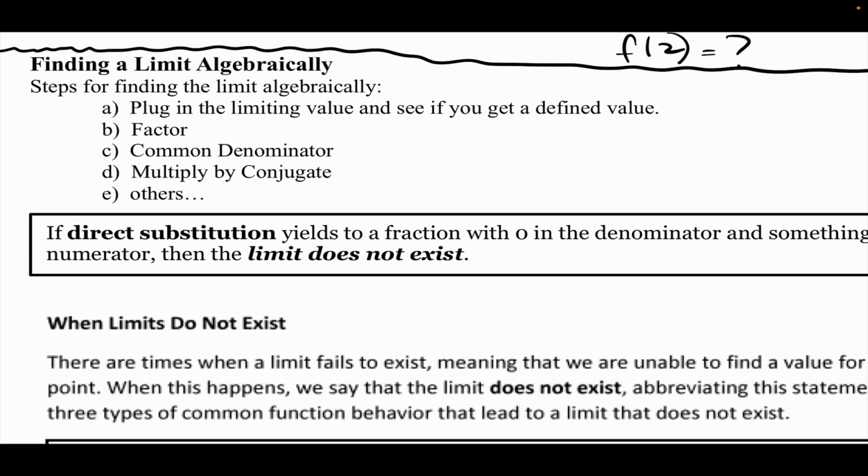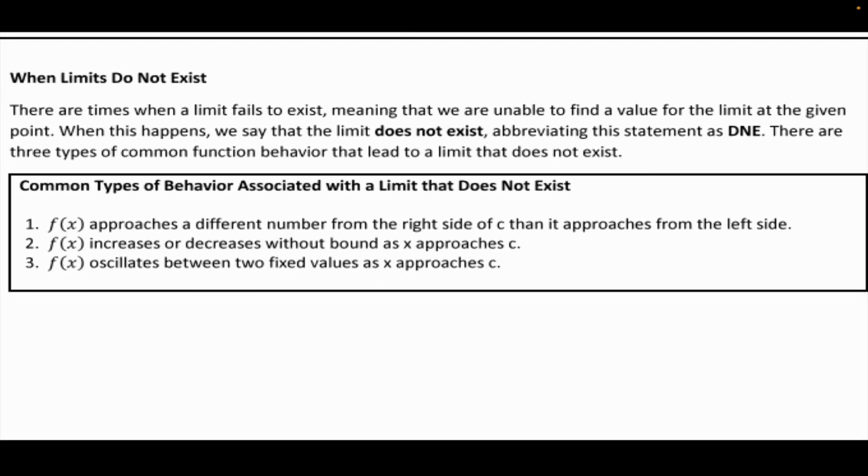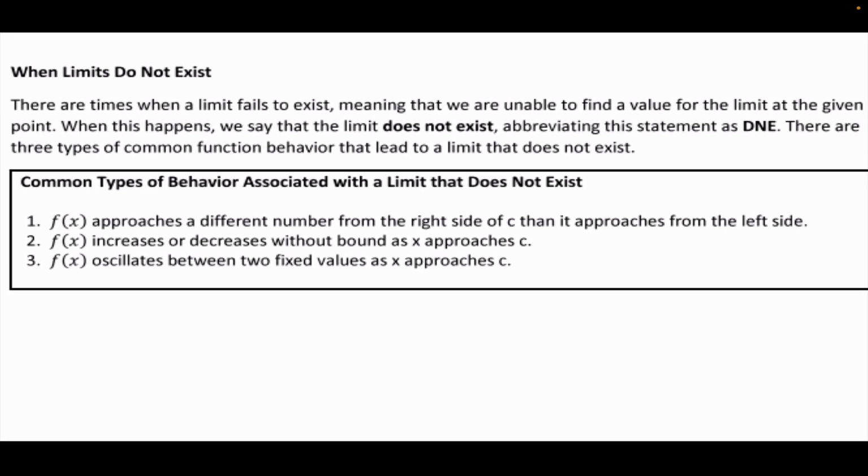So when limits do not exist, f of x approaches a different number from the right than it does from the left, right? To be a limit, you have to approach the same number. If it doesn't approach the same number, the limit doesn't exist, right? That's pretty much what that says.